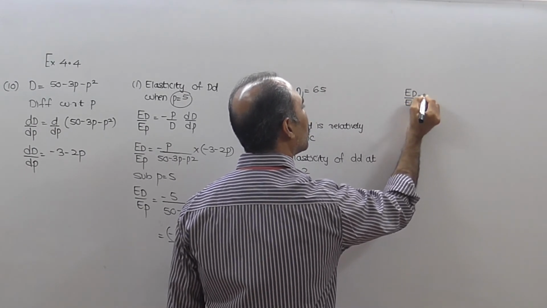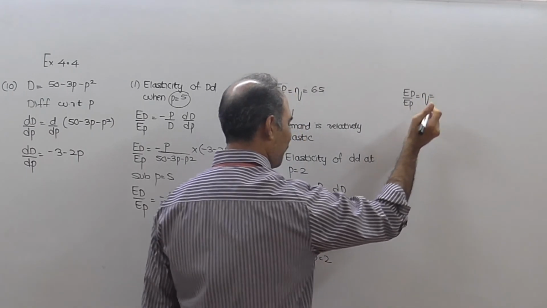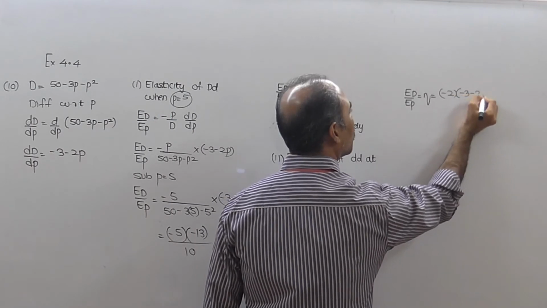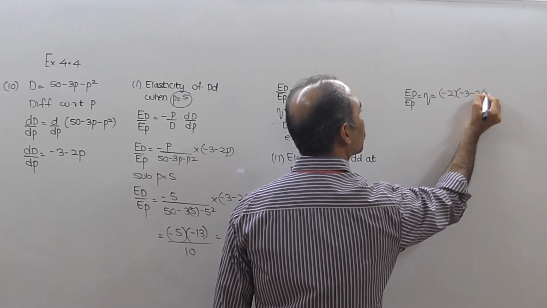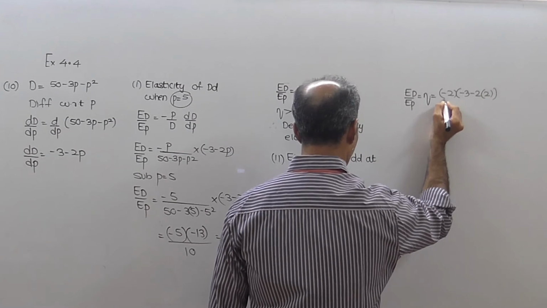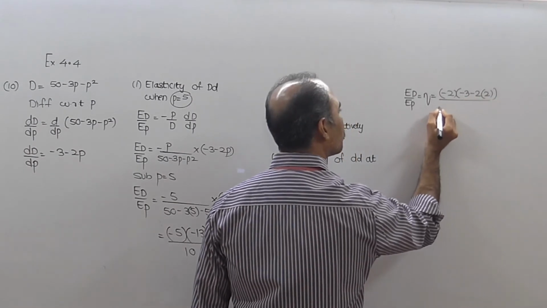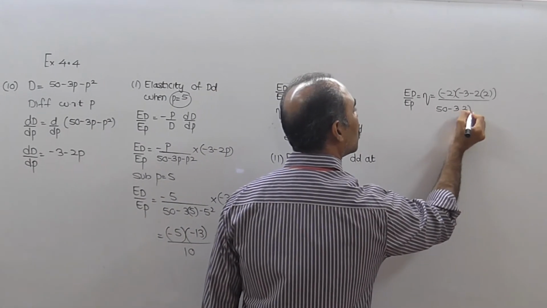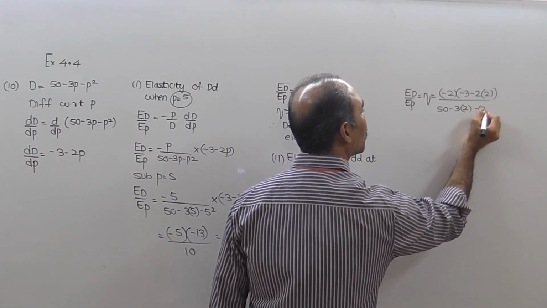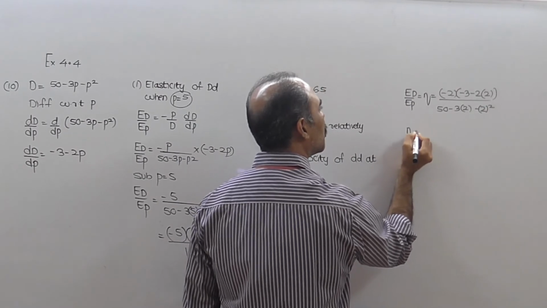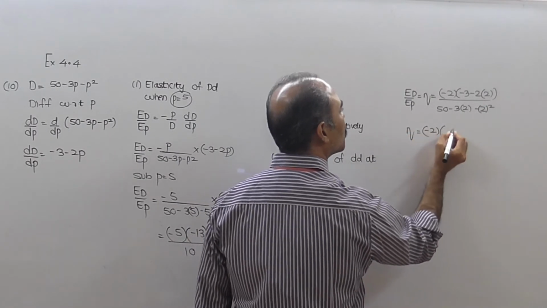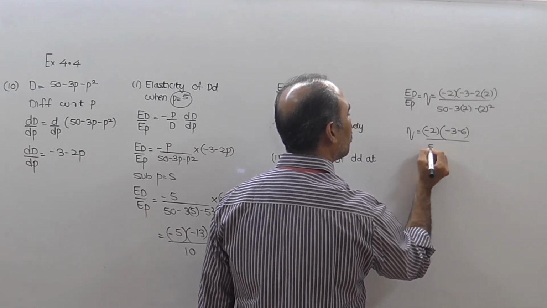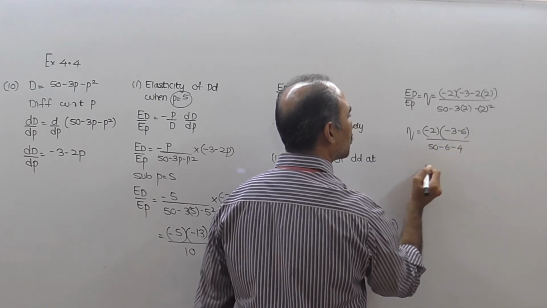So we have ED upon EP, that also you can call eta, minus 2 into minus 3 minus 2 into 2 upon 50 minus 3 into 2 minus 2 square. So your eta will be equal to minus 2 into minus 3 minus 6, the whole upon 50 minus 6 minus 4.